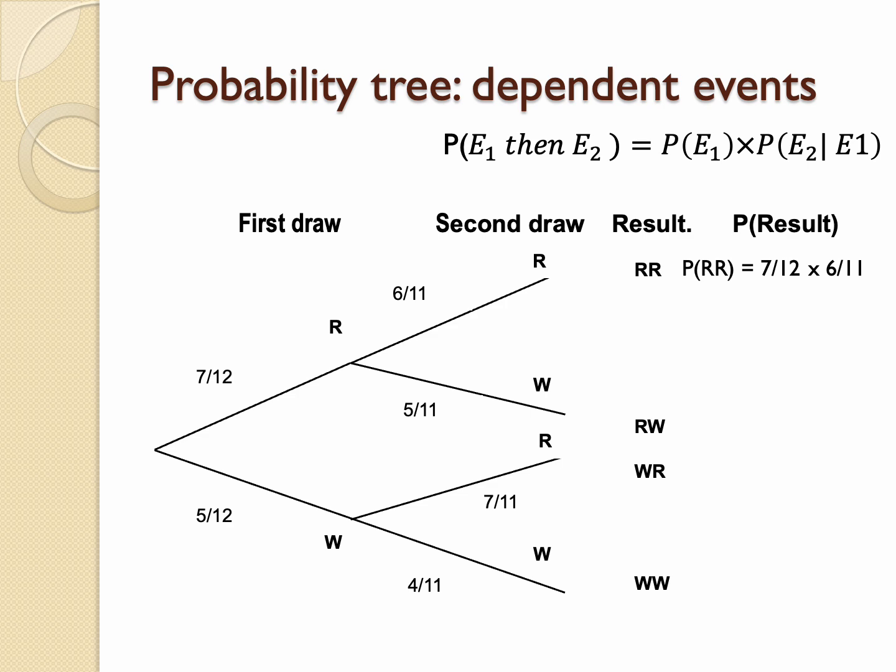So this is 7/12 times 6/11. Similarly, the probability of getting a red then a white is 7/12 times 5/11, then white then red is given on your screens, and white white is also on your screen. So you can pause the video and work out and verify these answers yourself.